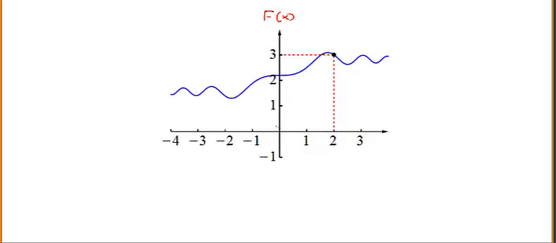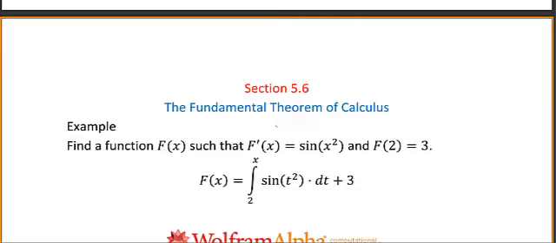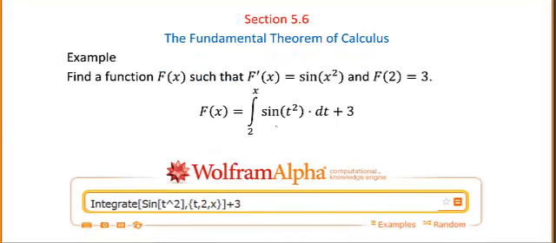How did I do this? Well, there's a couple ways. You could use Wolfram Alpha, and here's what I have for Wolfram Alpha. I integrate sine of t squared with respect to t from 2 to x, and then add 3 to it.